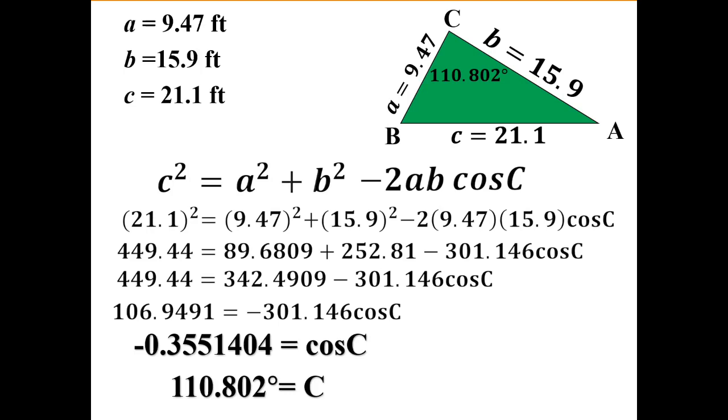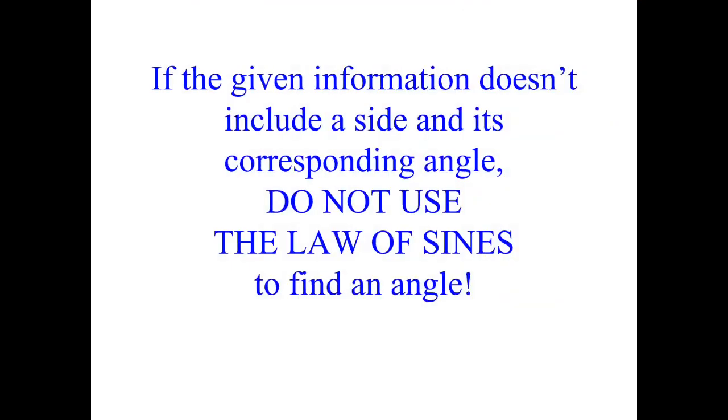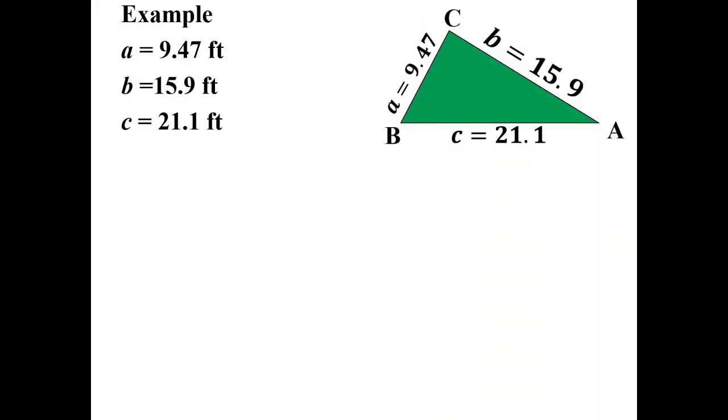I will say that using the law of sines to find a side length is fine at any time if you have enough information. But again, never use the law of sines if you started the problem with the law of cosines. Okay, so we are going to find the next angle. I'm going to go with finding angle B.